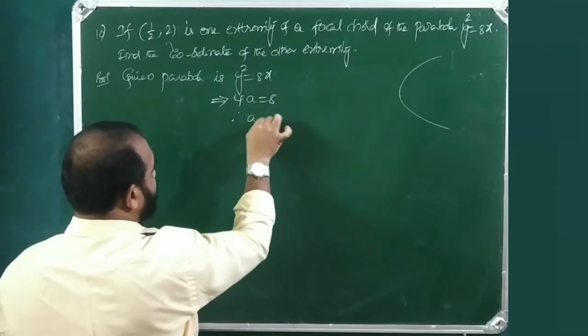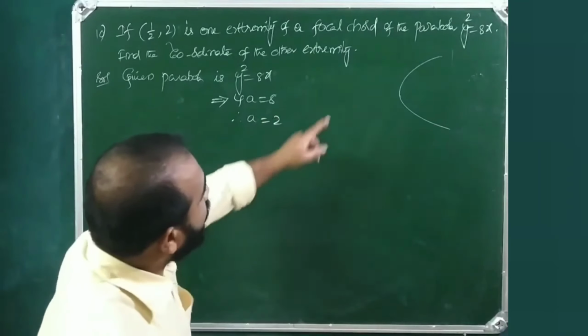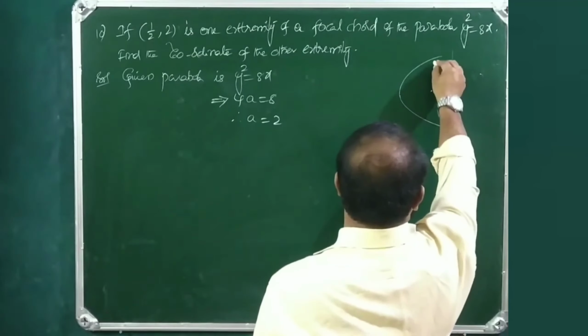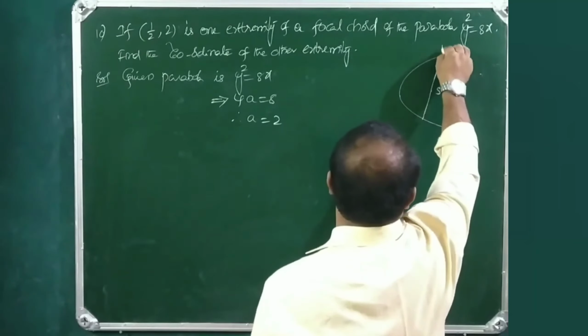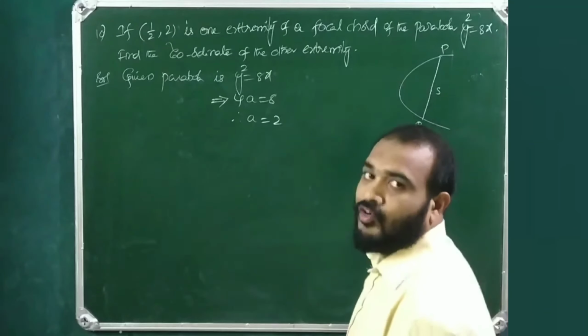Therefore, a is equals to 2. Now, focal chord of the parabola. So let S be the focus, and P comma Q are the ends of the focal chord.